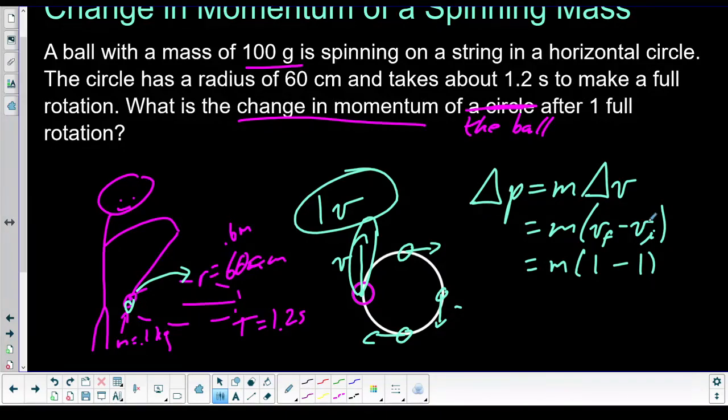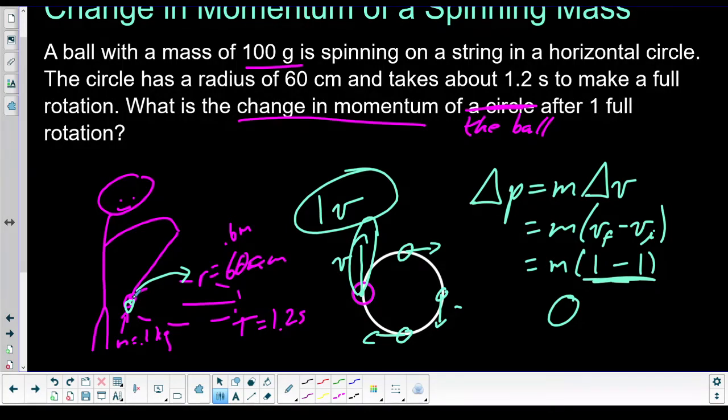But because distance is a scalar and displacement is a vector, the direction of where you start and finish matters, right? So because we start and finish with the same amount, this is 0. And 0 times any number is 0. So we have 0 impulse when we look at one full circle.